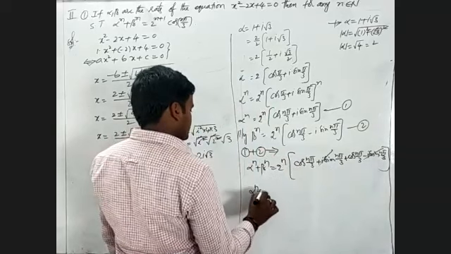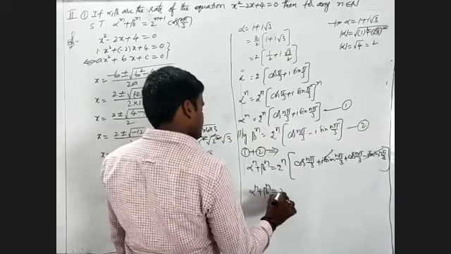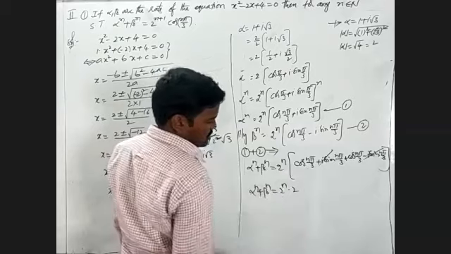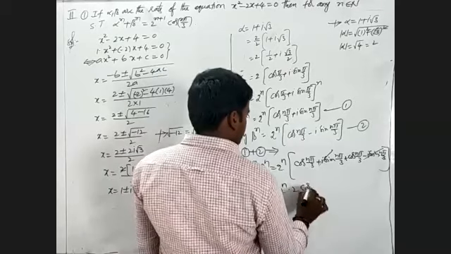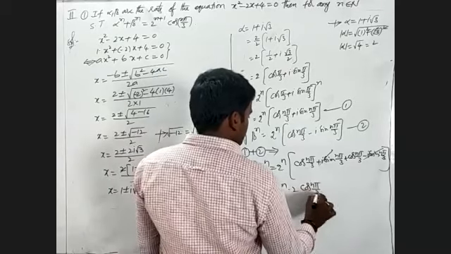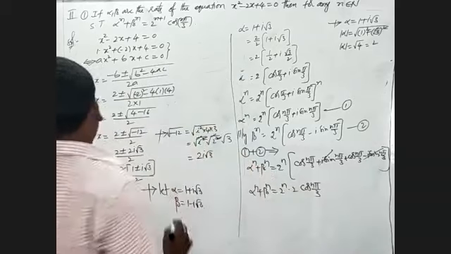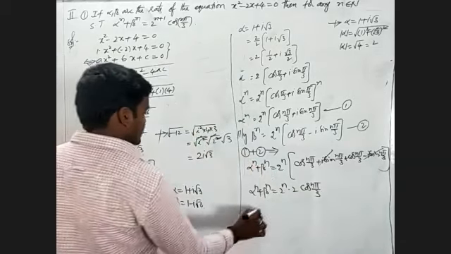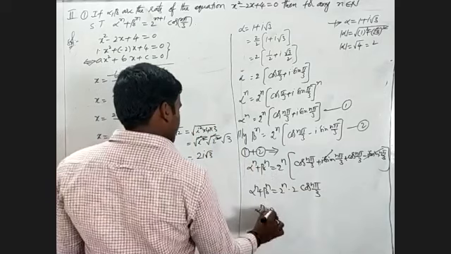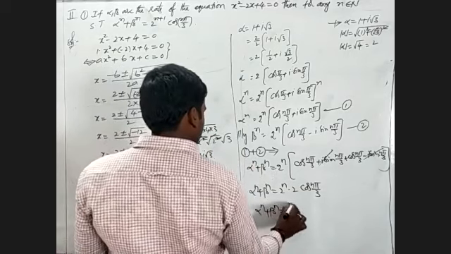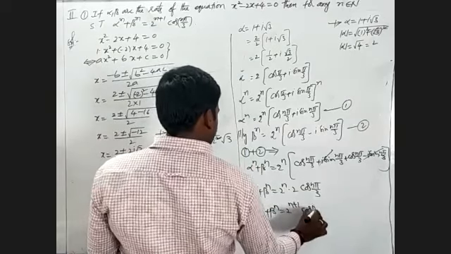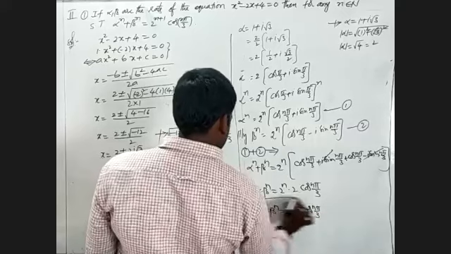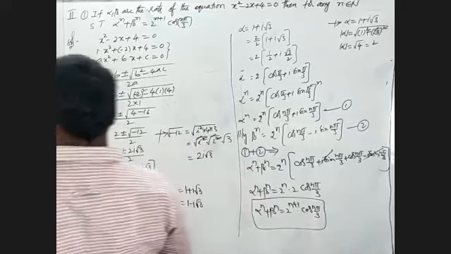Remaining, alpha power n plus beta power n equal to 2 power n into 2 cos n pi/3. So the bases are equal, powers must be added. That I write: alpha power n plus beta power n equal to 2 power n plus 1 into cos n pi/3. This is the proof of the given theorem. See you next class.